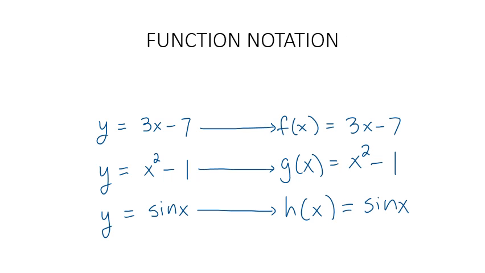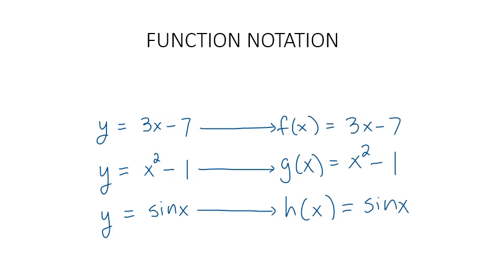In function notation, the y on the left-hand side of each equation is replaced by this new expression f, open parentheses, x, close parentheses. In the second equation, it's been replaced with g of x, and in the third one, it's h of x. All of these x's inside these brackets are matching the variable that's used in the original equation.